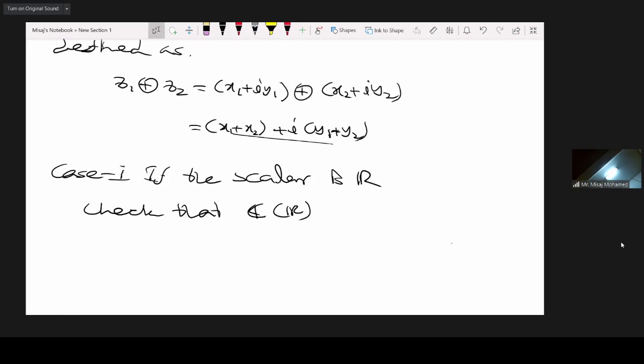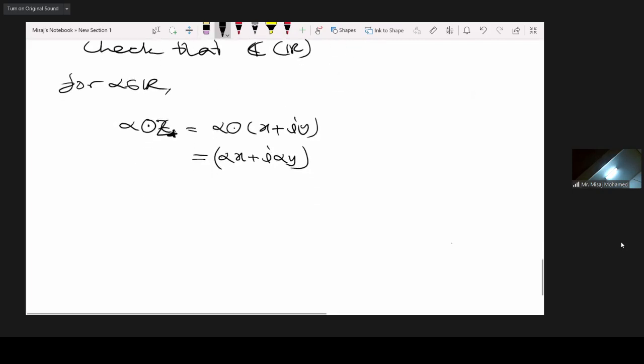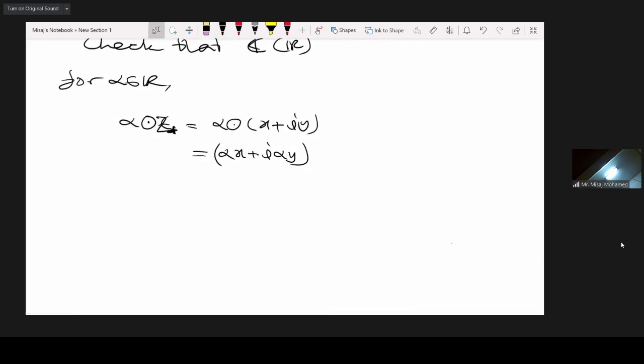So scalar multiplication for alpha in R: alpha dot Z equals alpha dot x plus iy, which is alpha x plus i alpha y. Is that clear?